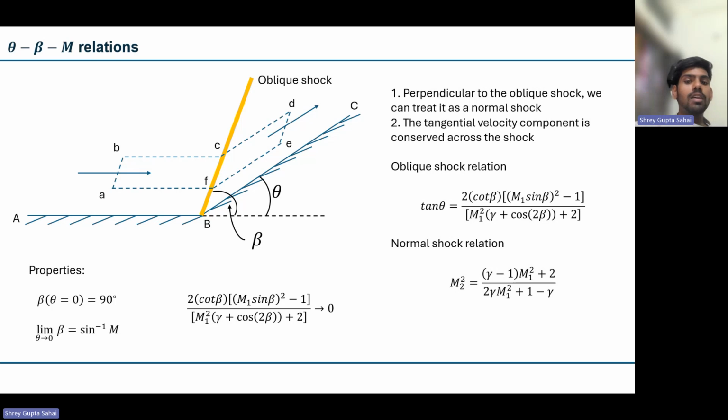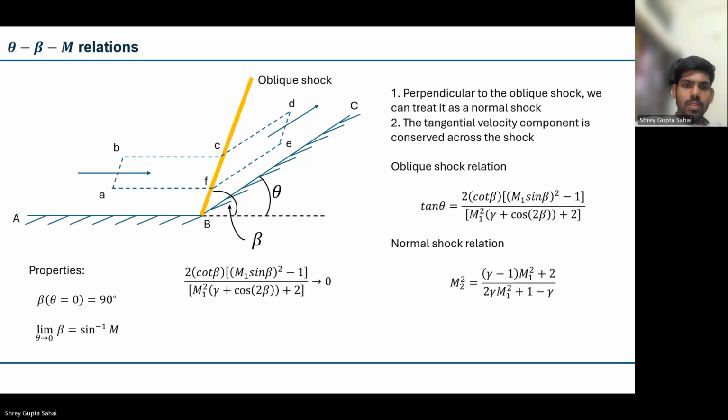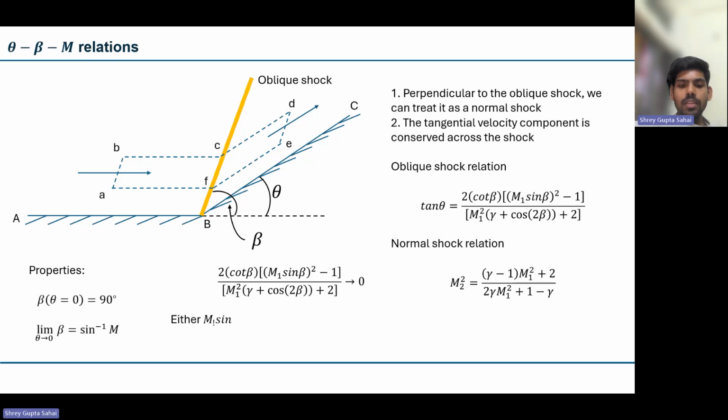So that is how we are getting either M1 sine beta goes to 1, or tan beta goes to infinity.